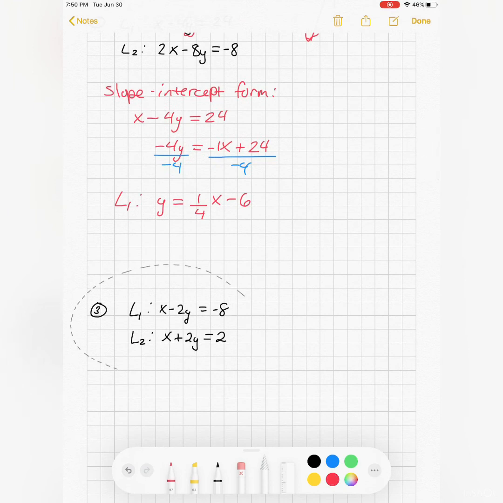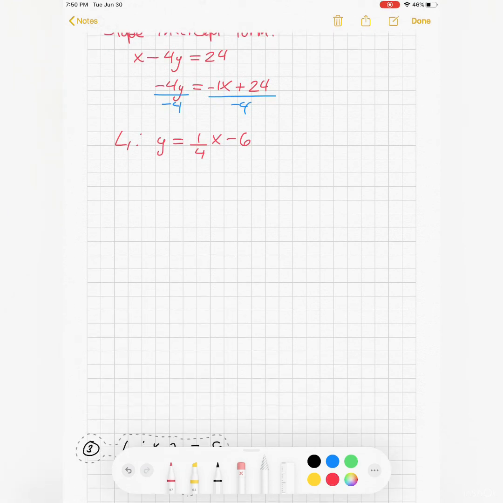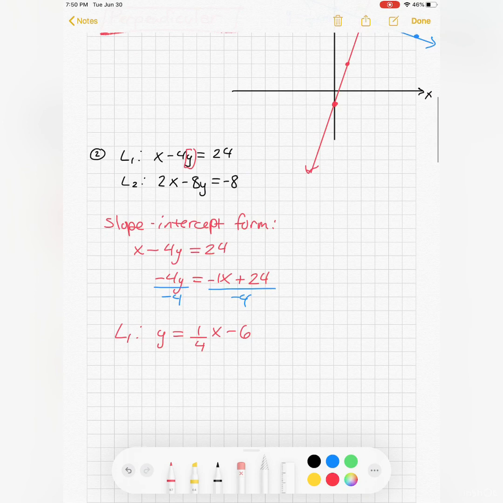I'm going to need more room. Let's move that down. So then let's look at line 2. So for line 2, solve for y. Okay, so let's subtract the 2x.